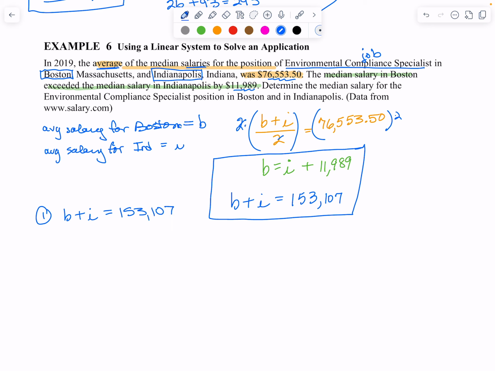And instead of my B, I'm going to put in I plus 11,989 plus another I is 153,107. Notice that now I'm going to have 2 I's: 2I plus 11,989 is 153,107.